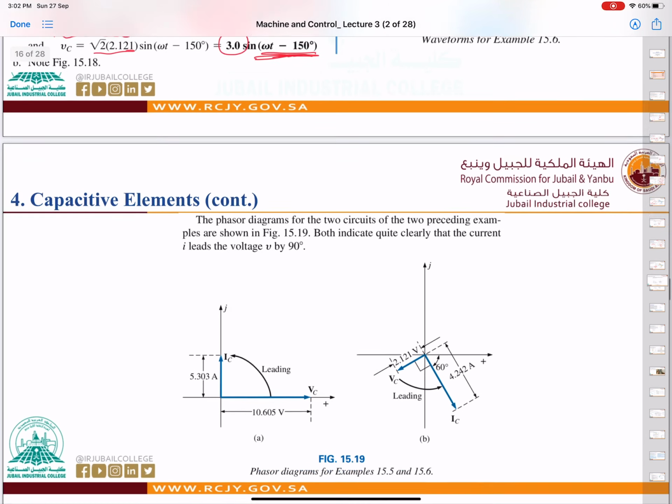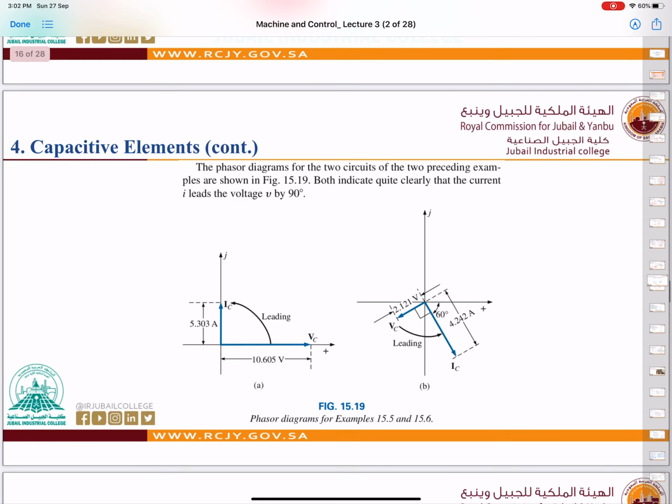Now, in comparison again with the two examples, we will see that for example number 1, we have the voltage here with angle 0. The magnitude is 10.605, and we have the current here. Okay, the current is leading with a 90-degree difference between the voltage and the current.